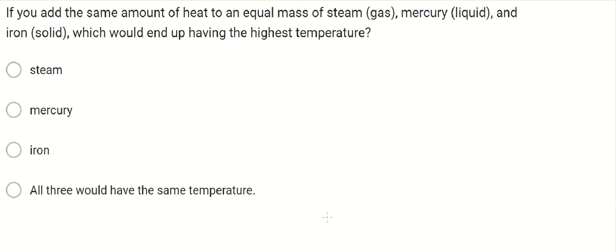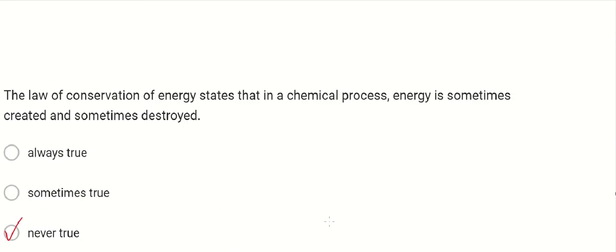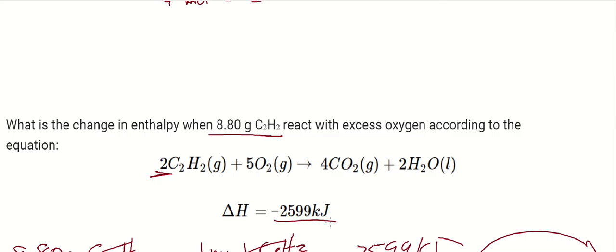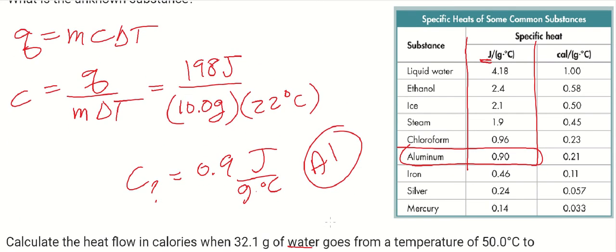If you add the same amount of heat to an equal mass of steam, mercury, and iron solid, which one would end up having the highest temperature? Okay, I need that chart again. Steam, mercury, and iron. Ah, here it is.